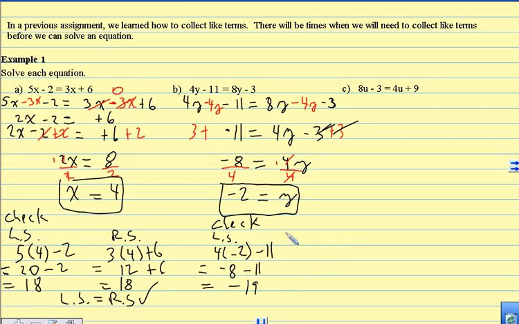And on the right side, we have 8 times negative 2 minus 3. 8 times negative 2 is negative 16, and negative 16 minus 3 is negative 19. So left side equals right side, and we're done. Our solution is negative 2 for y.